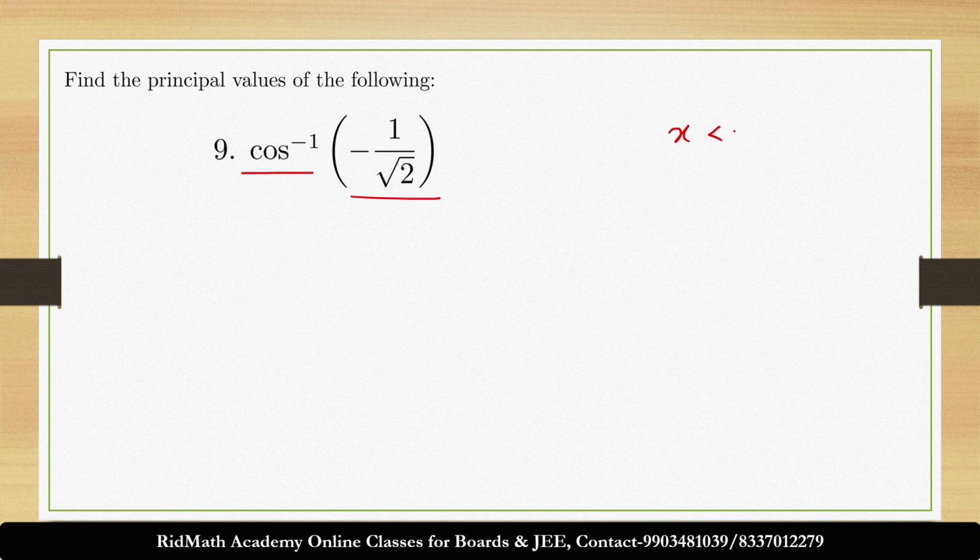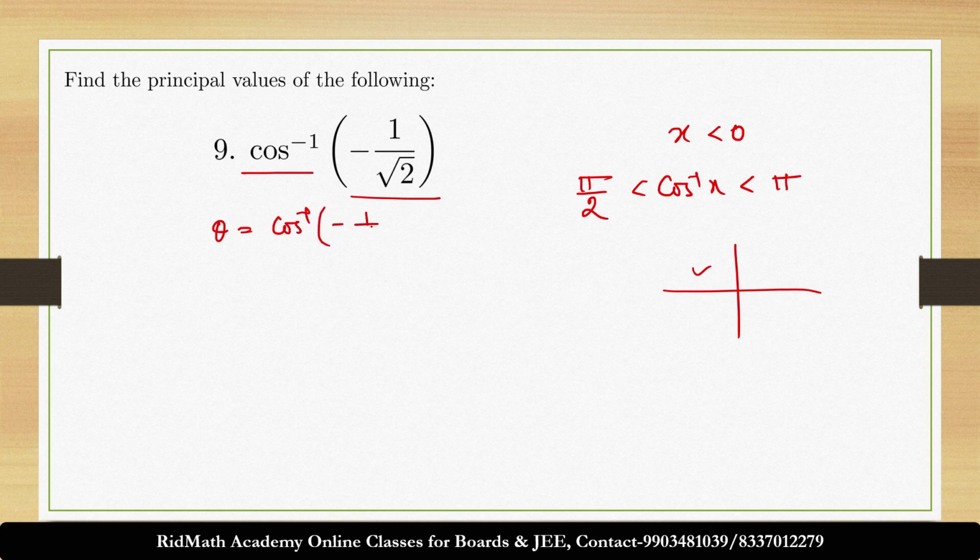So next problem, cos inverse minus 1 by root 2. Here x is negative, that means cos inverse x lies between pi by 2 to pi, that means it is an angle of the second quadrant. So let theta equal cos inverse of minus 1 by root 2, and cos theta equals minus 1 by root 2.